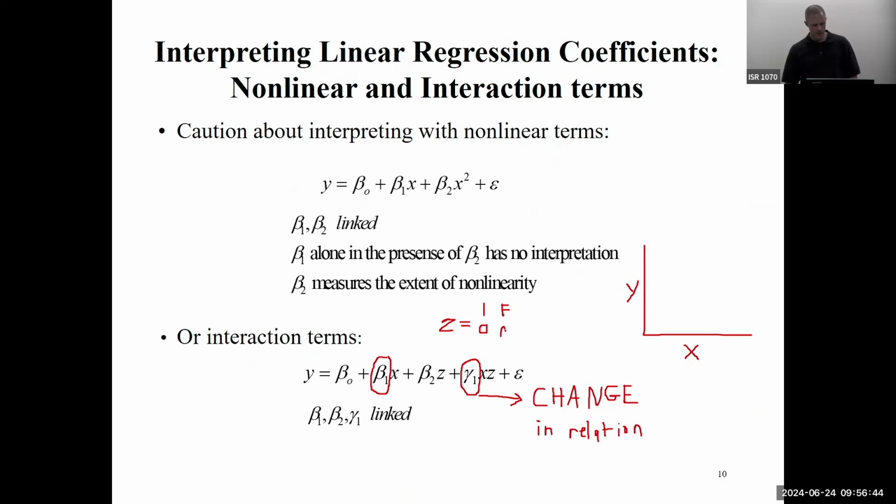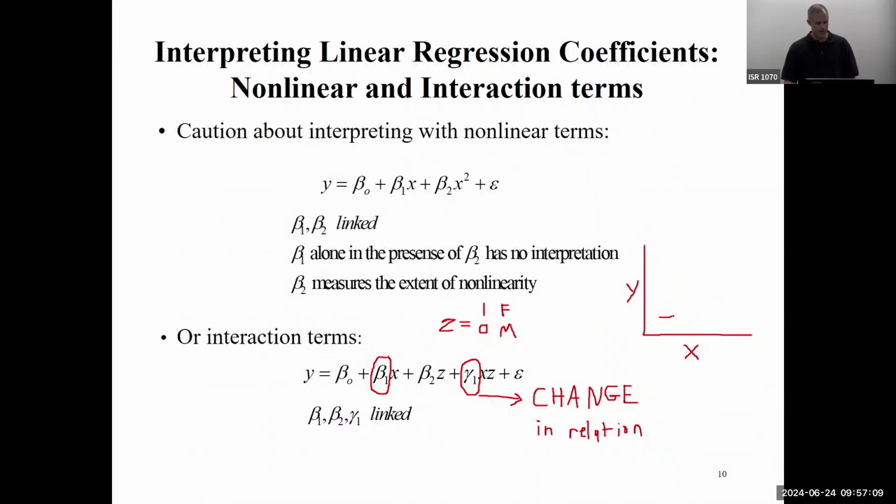And we want to see if the relationship of X with Y is moderated by gender. Okay? Does that relationship of X with Y change depending on gender? Right? So beta 1 itself is the relationship of X with Y for males only. It's not a main effect. It's the relationship of X with Y for males only.